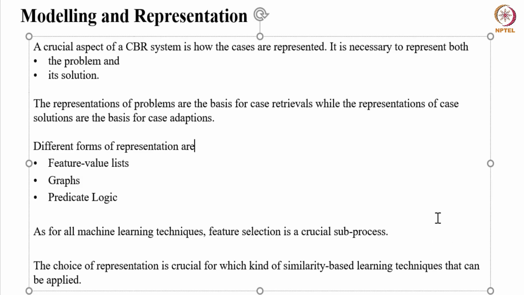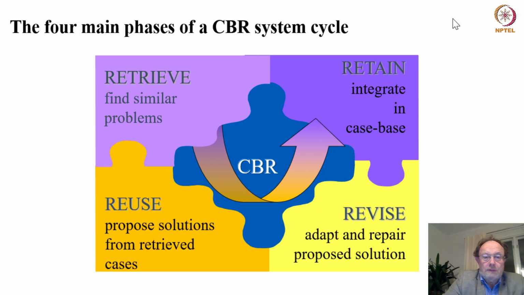One common way of modeling a CBR system's cycle of activity has 4 main phases. Retrieval, where you try to find similar problems in the case base. Reuse the proposed solutions belonging to the similar problems.